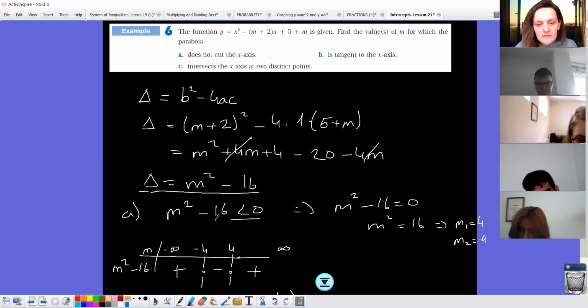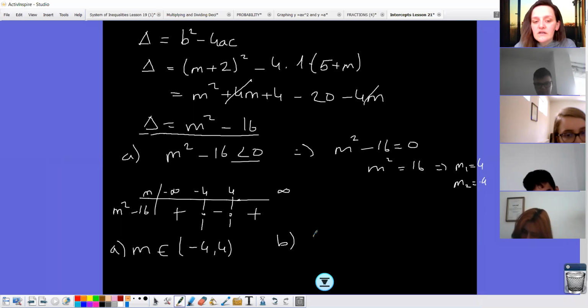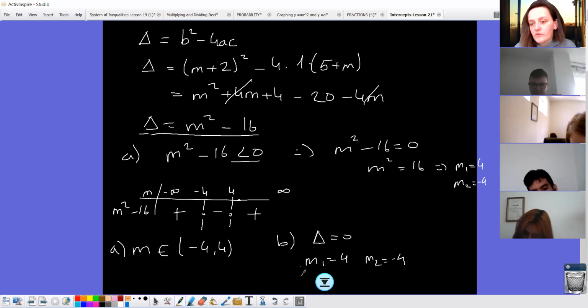In B, it says tangent to the x-axis, so the discriminant has to be equal to 0. We won't have an interval, we will have directly 4 and minus 4, both of them, because both of them make it 0. The result will be m equals 4 and minus 4. You don't have to write it as an interval.